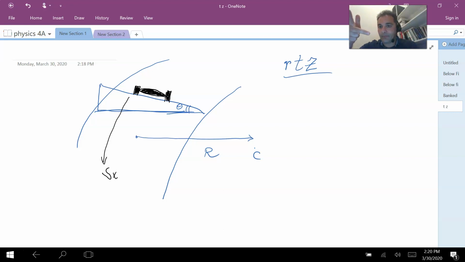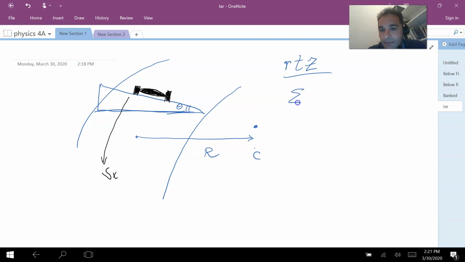It's this. Your middle finger is R, your index finger is tangent, and your thumb is the z-axis. What is the radial axis? It's toward the center. What is the tangent axis? It's tangent to the circle. What is the z-axis? It's up and down.